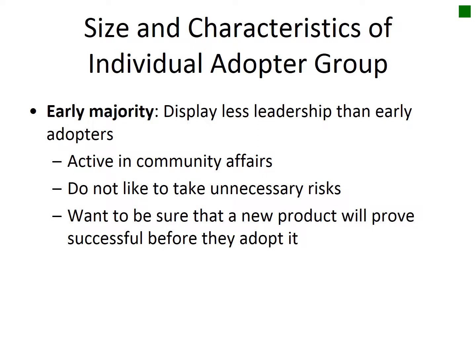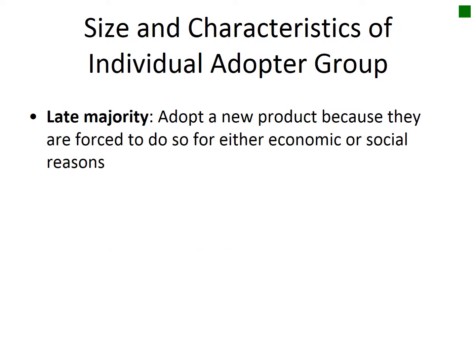They tend to be active in community affairs. They don't necessarily want to take unnecessary risks, but again, they want to be on a trend that might be taking place. So they need some proof, they need some evidence. They're not as risk-loving as the early adopters or the innovators. They need some evidence to see that the product will be successful for them.